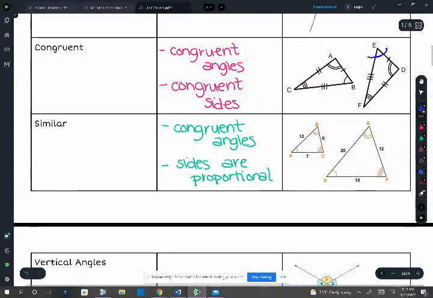So angle B in the first picture is congruent to angle E in the second. Angle A has 2 markings, or 2 arcs, and is congruent to angle D, 2 marks. And then angle C has 3 marks and is congruent to angle F, which has 3 marks.